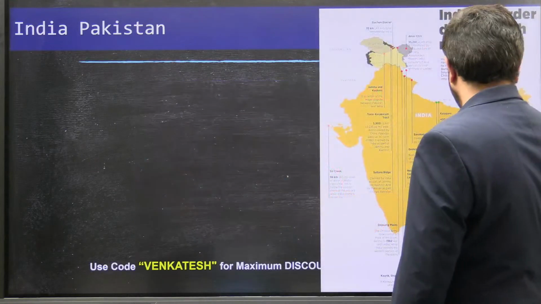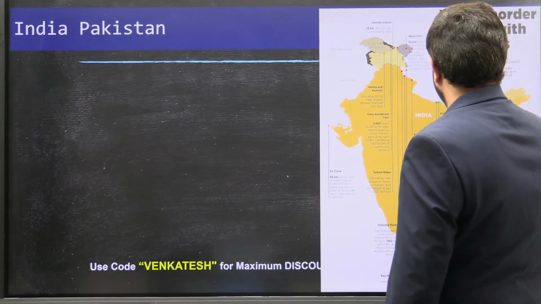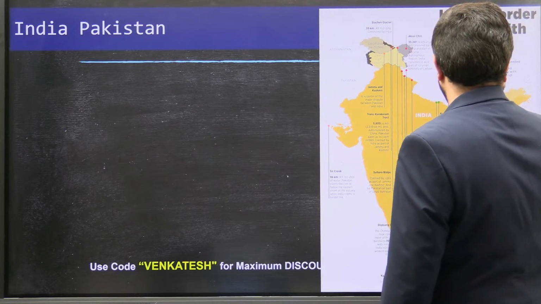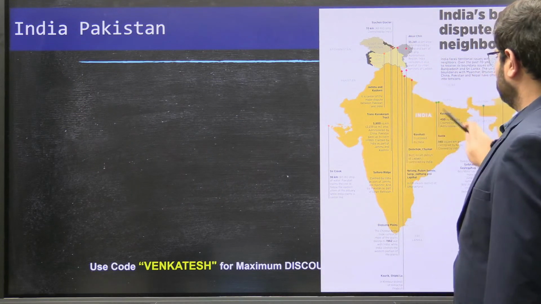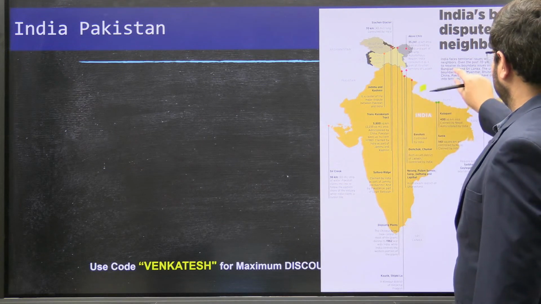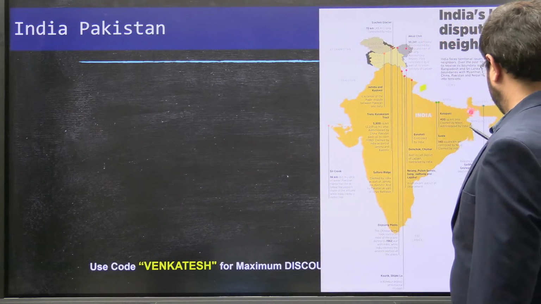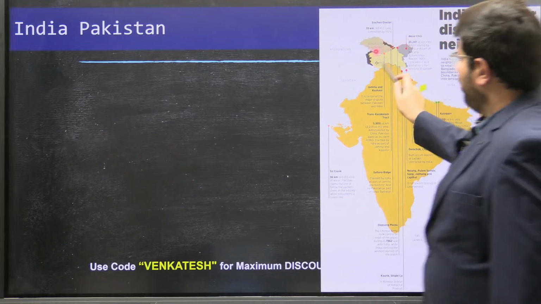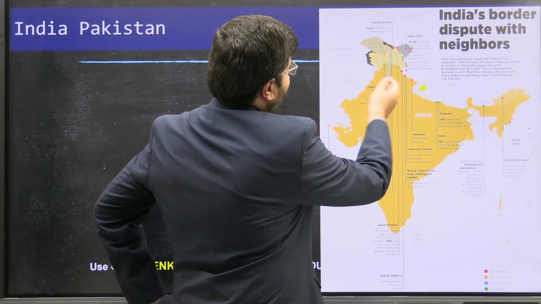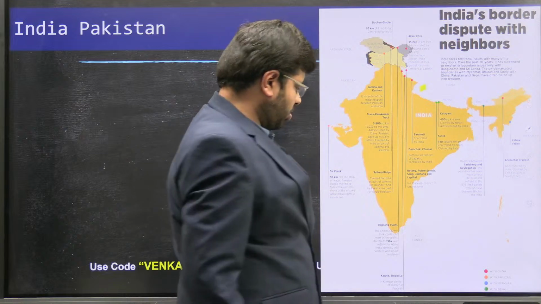Okay, so if you show it here, just a minute. So you can see here, within the regions of Jammu and Kashmir, the major places. The Siachen Glacier, 70 kilometers long, is controlled by India.